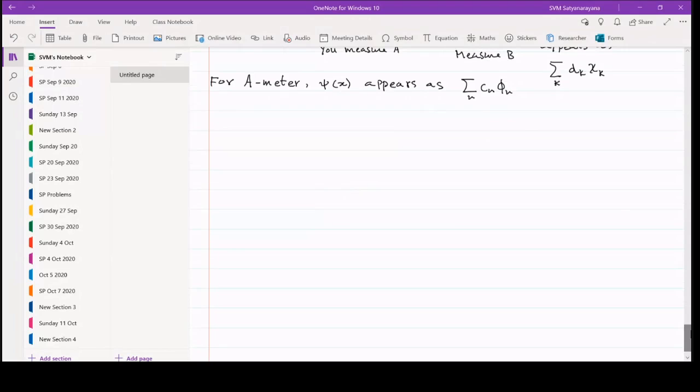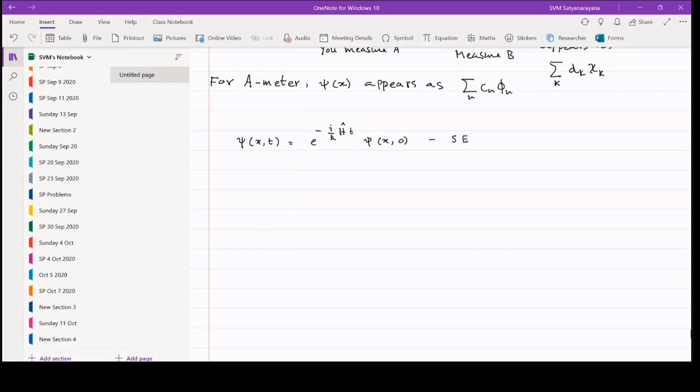So I think the question that you're asking is, suppose you have psi of x comma t is equal to e to the power minus i by h cross times H t into psi of x comma 0. This is coming from the Schrodinger equation. Correct? Yes, sir.